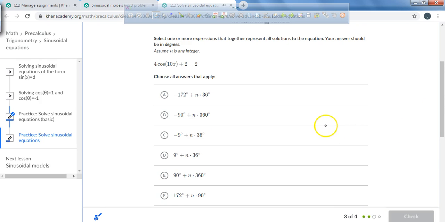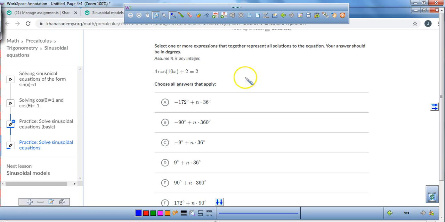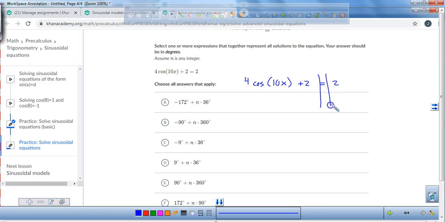All right, let's do another one. This one also is in degrees. So we have 4 cosine 10x plus 2 equals 2. Once again, first thing I'm going to do is take away a 2 from both sides.